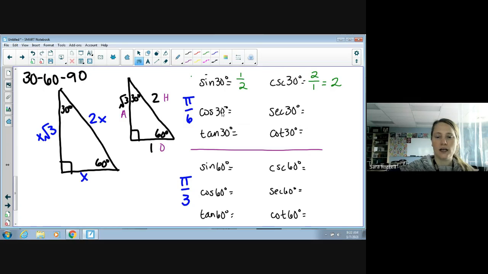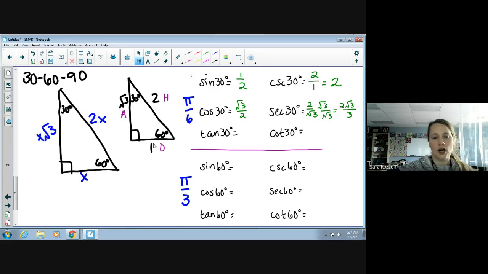All right, our second one is cosine. That is going to be adjacent over hypotenuse, which is √3 over 2. The reciprocal would be 2 over √3, which we need to rationalize. So 2√3 over 3.